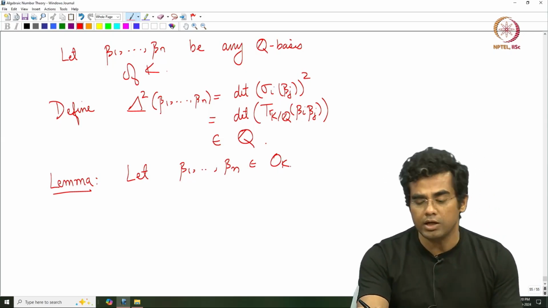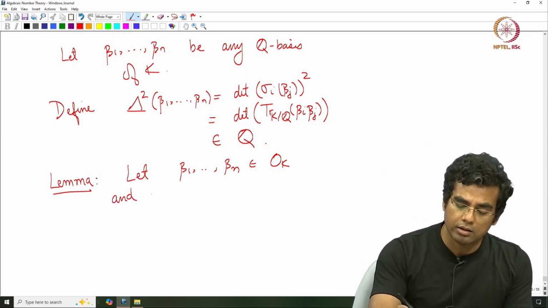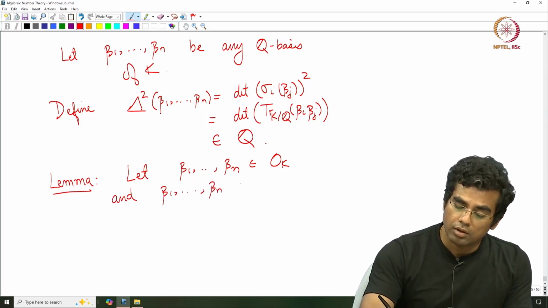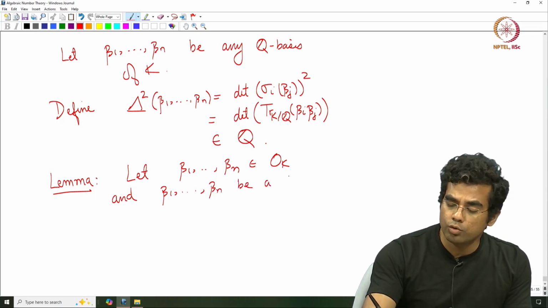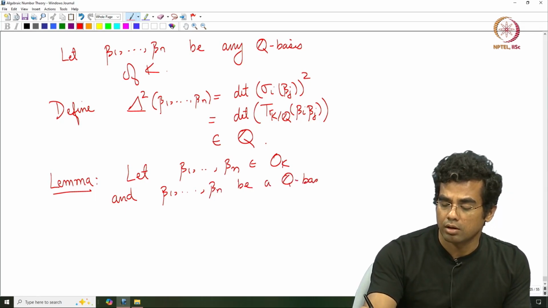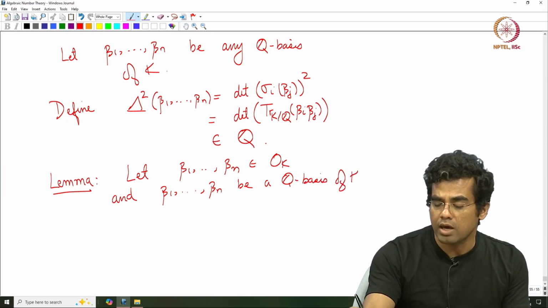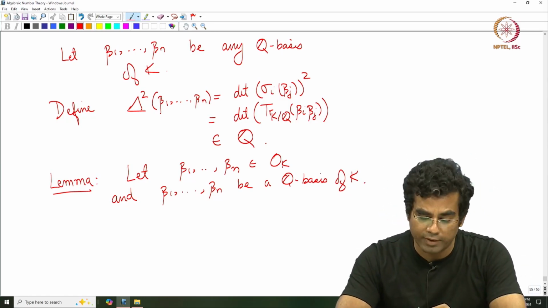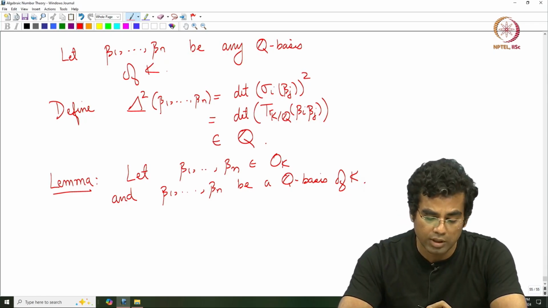So, they are algebraic integers, and beta 1 up to beta n be a Q basis of K. So, you are taking a Q basis of K consisting of algebraic integers beta 1 up to beta n.